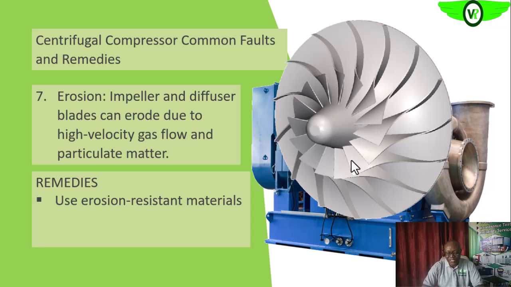If we know that it is composed of things that will cause erosion on either the impeller or the diffuser, then we want to select an impeller and diffuser that can resist the erosion from those particles or those contents. So we want to use erosion resistant materials.